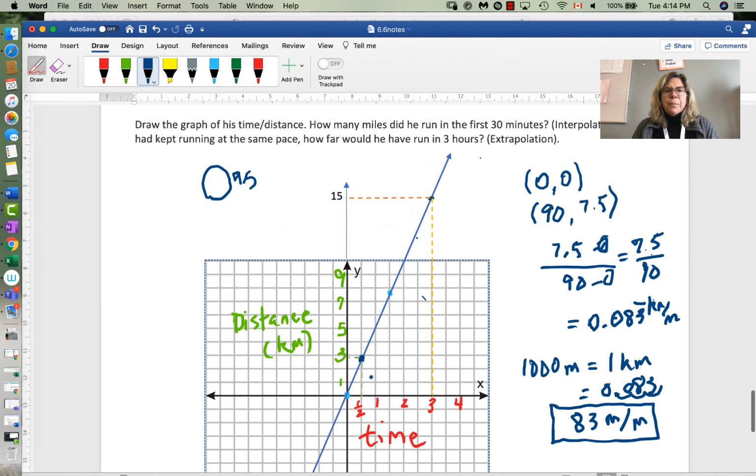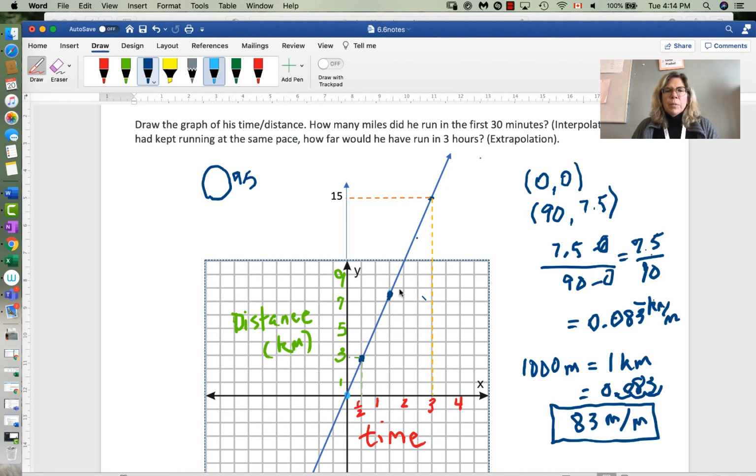So here's our point. Okay, so this is 1.5, so this is 90 minutes. You come up here and 7.5 kilometers, and that's our point right there.